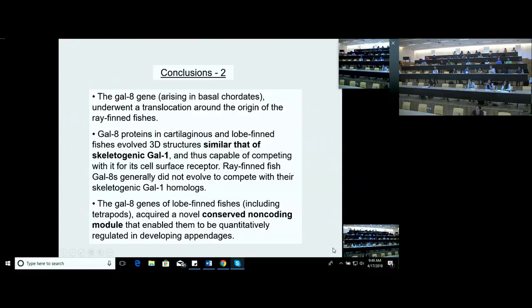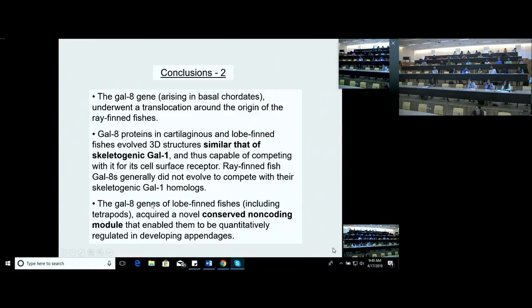Ray-finned fish galectin-8s generally did not evolve to compete with their skeletogenic galectin-1 homologs. So the galectin-8 that jumped to the other chromosome did not evolve in the same way as the galectin-8s that stayed behind in the original site.